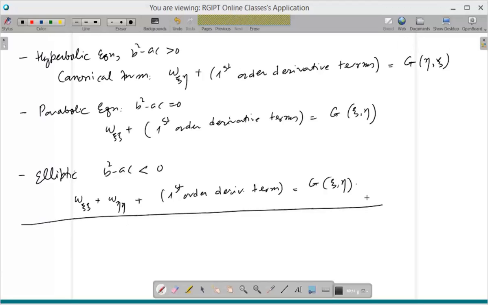That will be the generic canonical form. These are canonical forms.